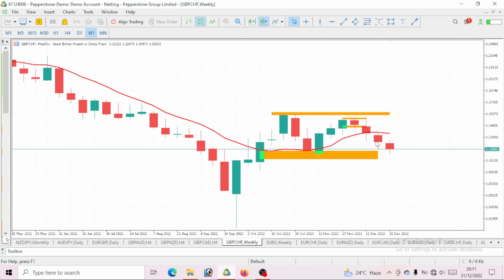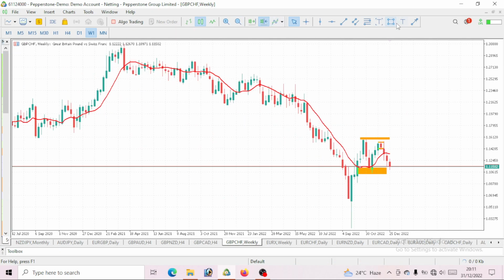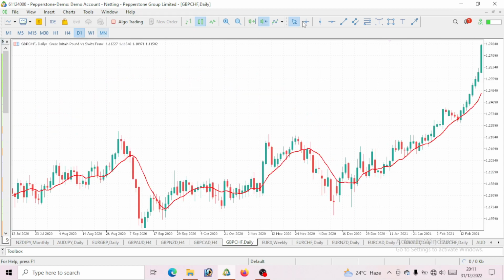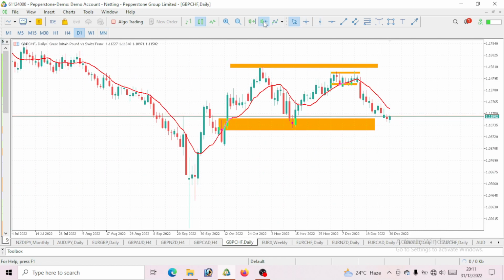You can also see it's still trading below our 10 period moving average. So this is still a sell movement, especially when you take a look at the full trend, you see that this full trend is actually a bearish move. So we expect more bearish move to be made on GBP Swiss franc, and that should now take us to the daily time frame. You can see this movement on the daily time frame, which is here.